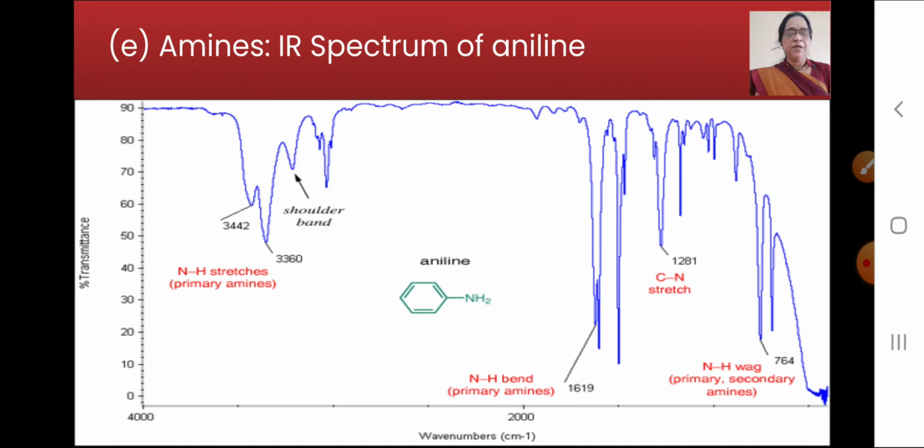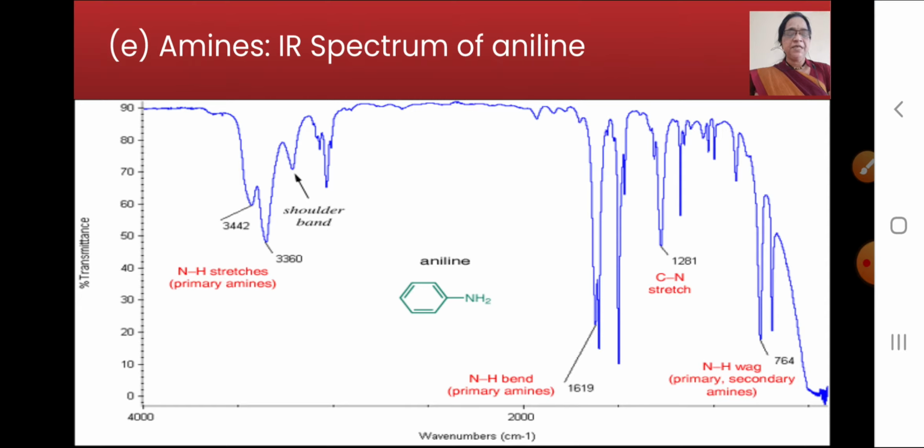When there is an aromatic compound, the aromatic CN stretching is observed at 1360 to 1250 per centimeter, while the aliphatic CN stretching is observed at 1220 to 1020 per centimeter. The NH2 wagging and twisting is observed at 850 to 750 per centimeter, while the NH wagging is observed at 715 per centimeter.